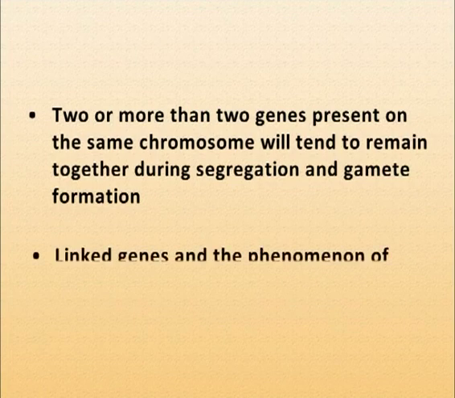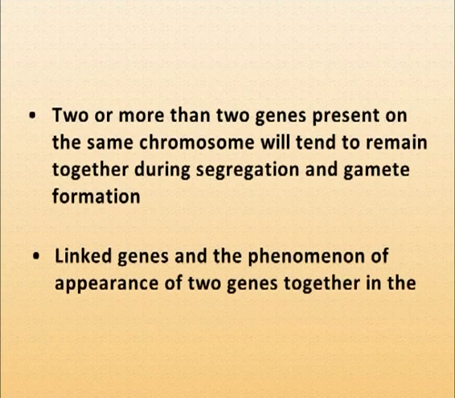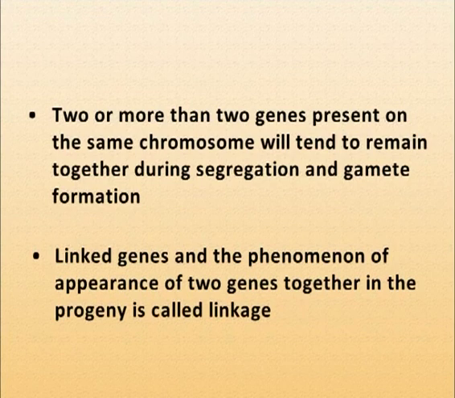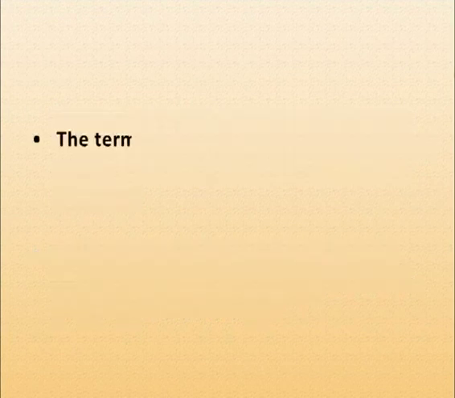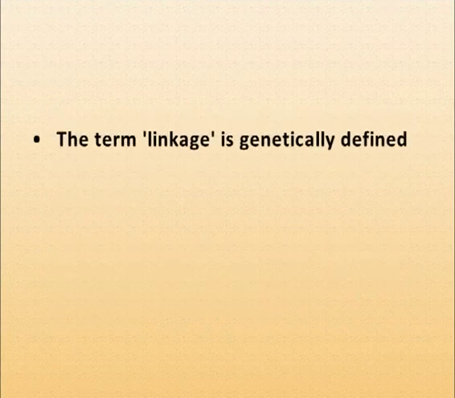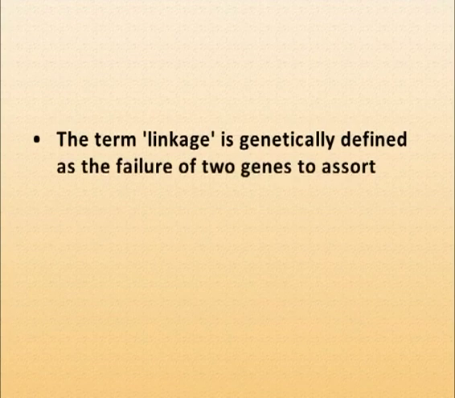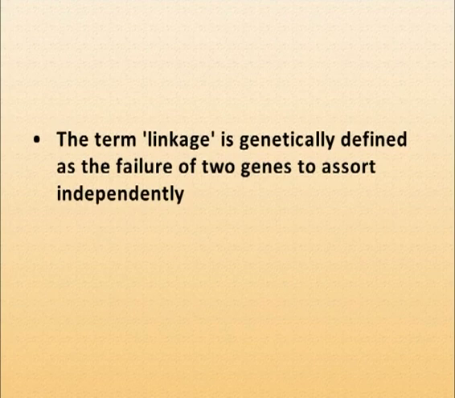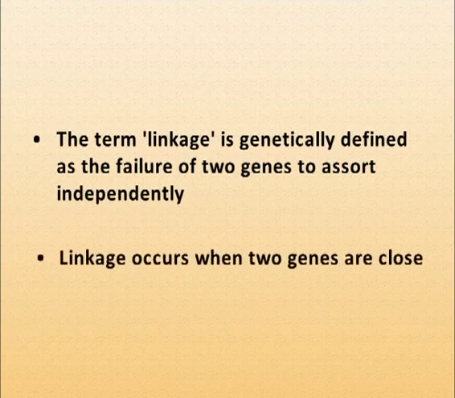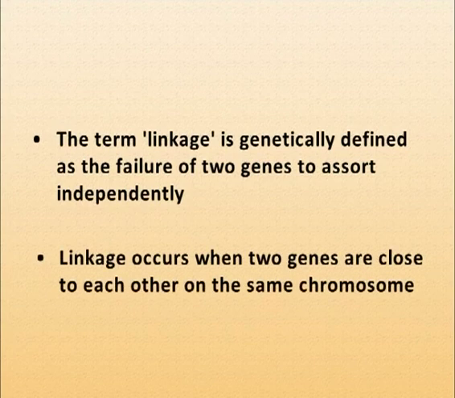Such genes are then called linked genes, and the phenomenon of appearance of two genes together in the progeny is called linkage. The term linkage is genetically defined as the failure of two genes to assort independently. Linkage occurs when two genes are close to each other on the same chromosome.